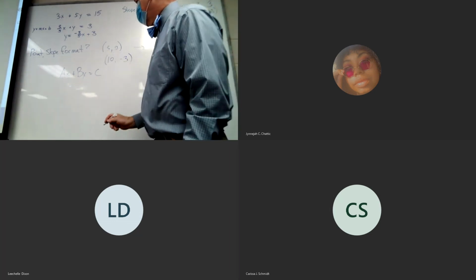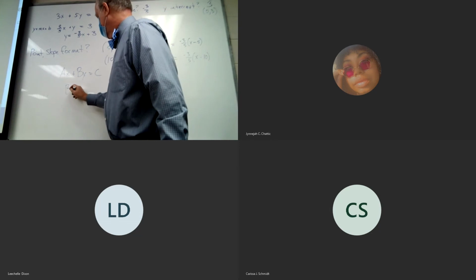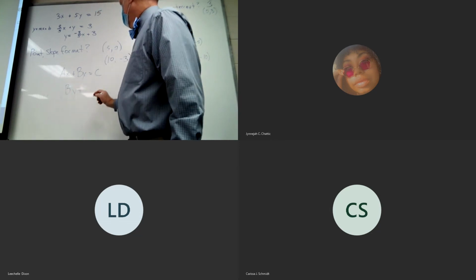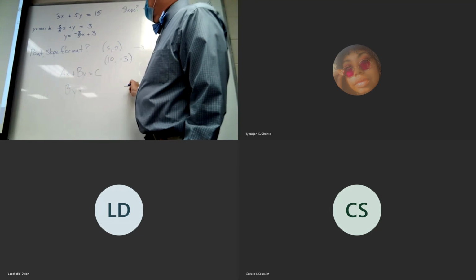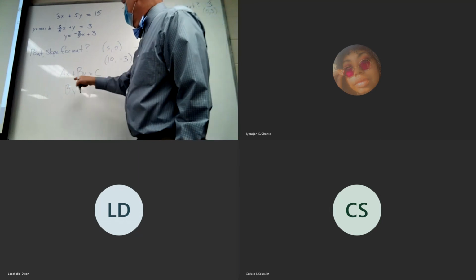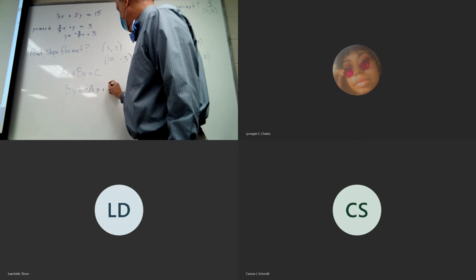I would subtract ax from both sides. I have by equals negative ax plus c.